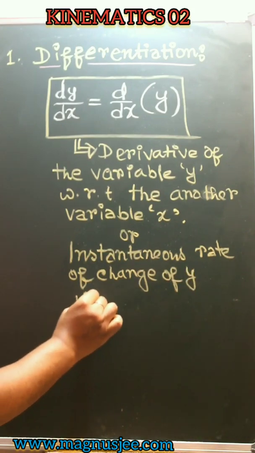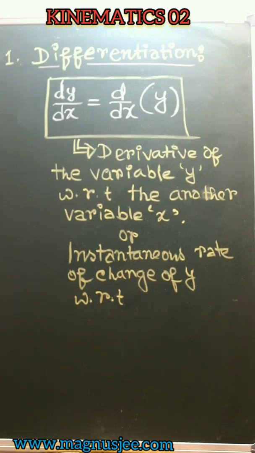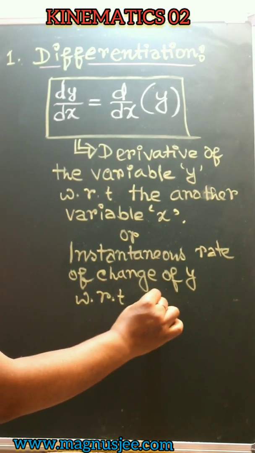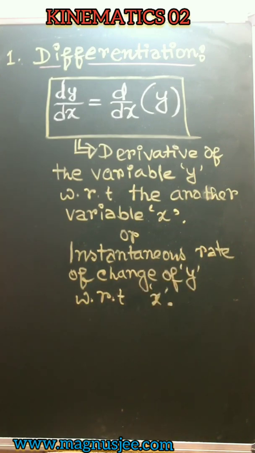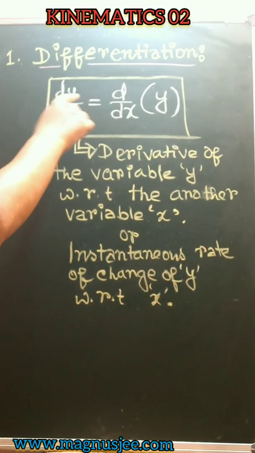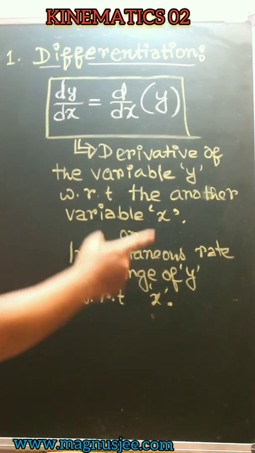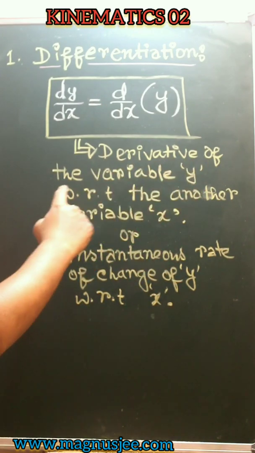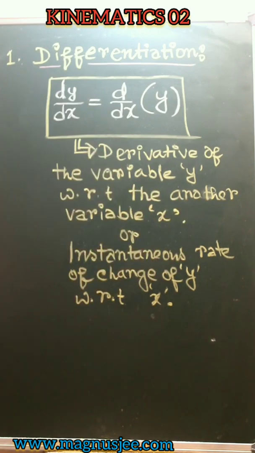WRT means with respect to x. That is, if x changes, what will be the rate of change of y, which is dy by dx. Instantaneous rate of change of y with respect to x, or derivative of the variable y with respect to another variable x.